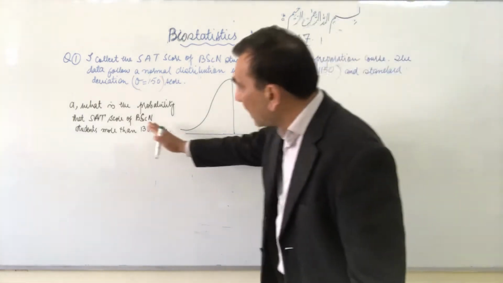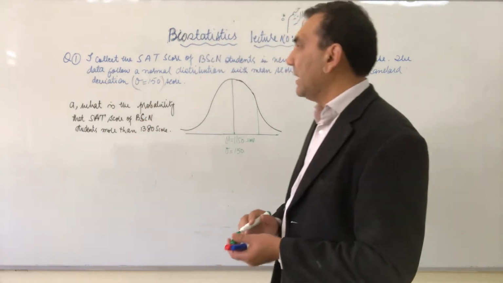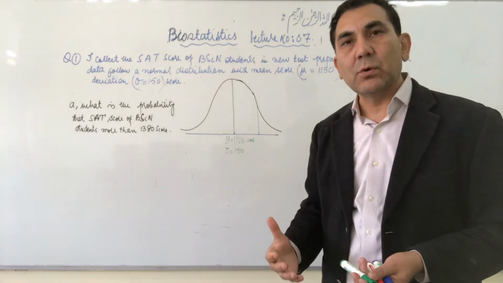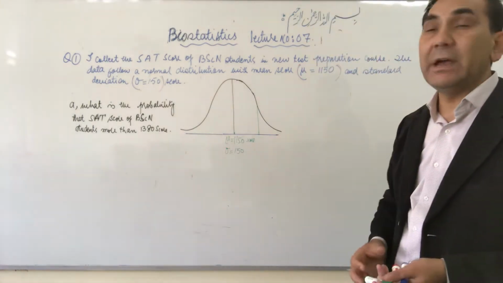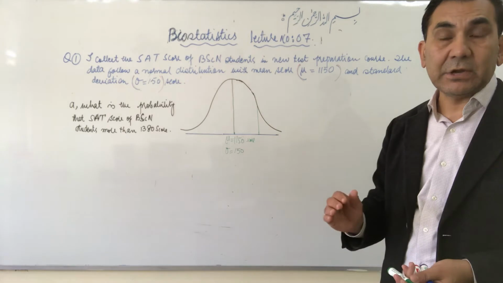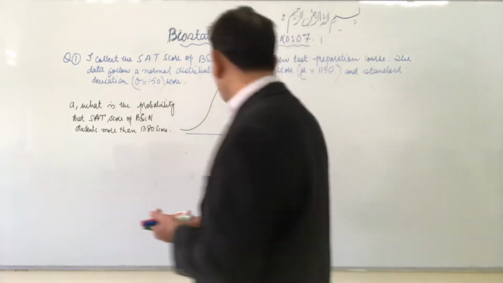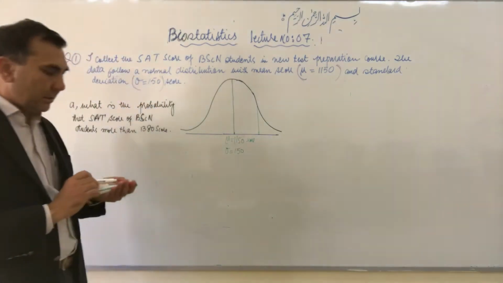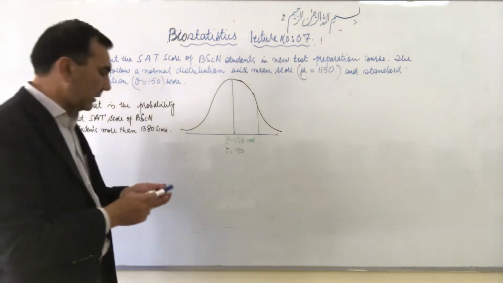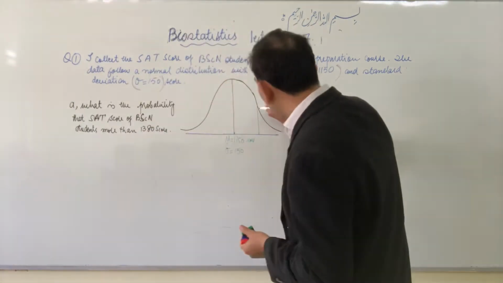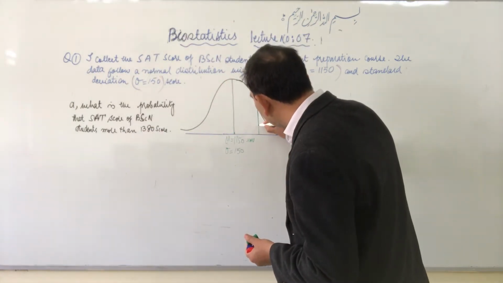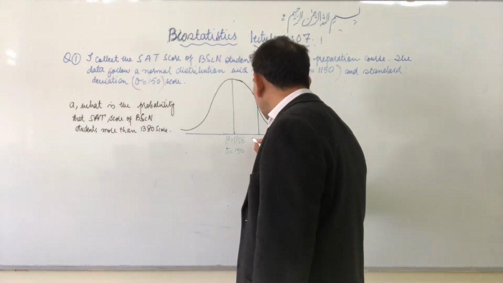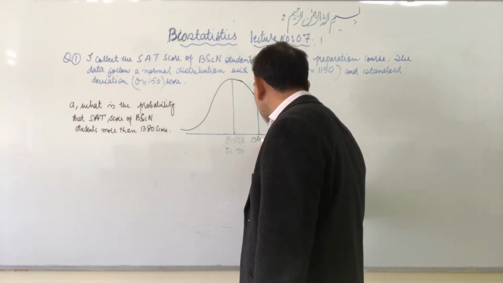Now the question asks: what is the probability that a BSN student scored more than 1380 marks? The mean is here, 1150, and the 1380 score will be over here.